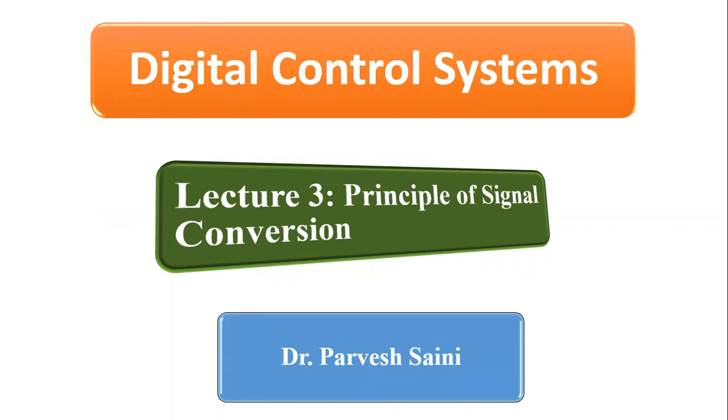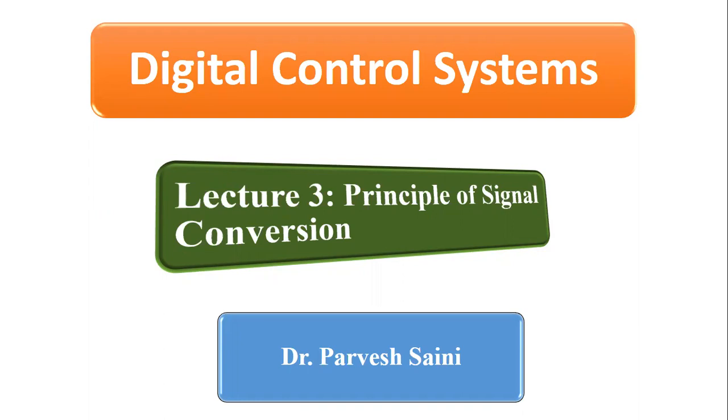As discussed in previous lectures, in a digital control system, it is the signal which is processed digitally. It is not the complete loop which is digital in nature.